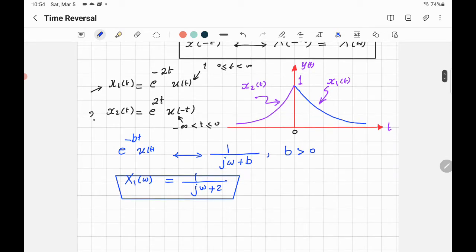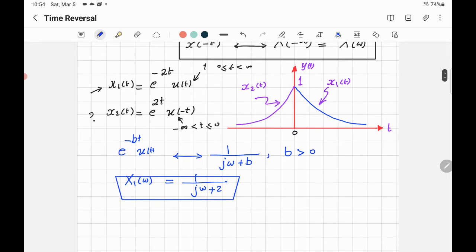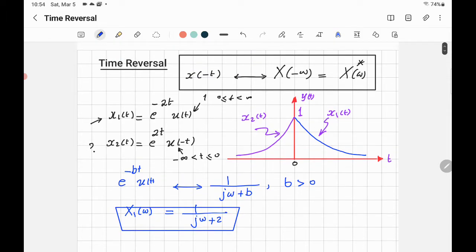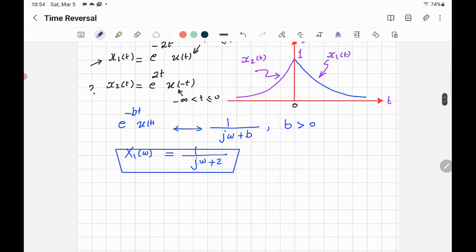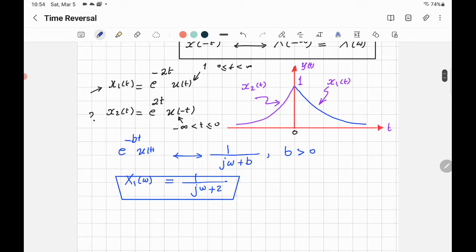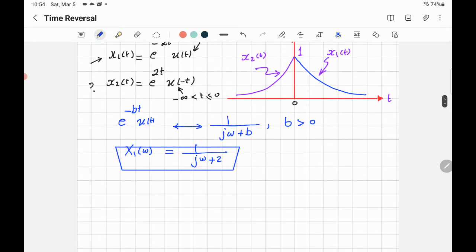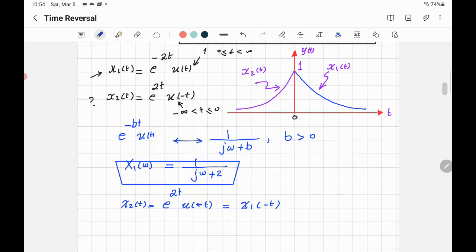And if you go for x2 of t, you can now use the time reversal property. You are going to get the conjugate of this expression, because x2 of t is equal to what? Let me write the expression for x2 of t again. x2 of t is equal to e to the 2t u of negative t, which is exactly equal to x1 when you replace every t by minus t.